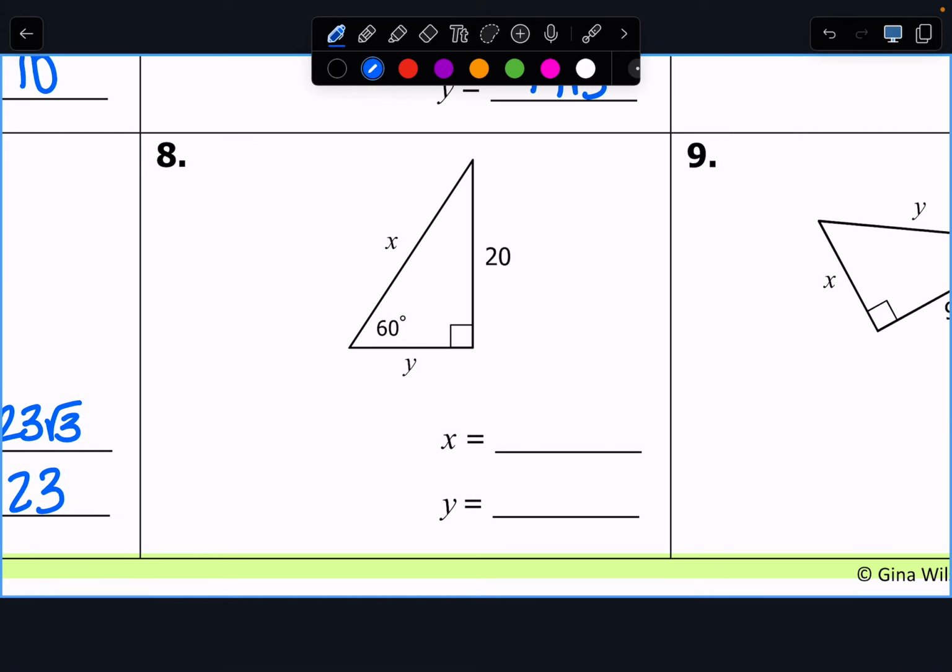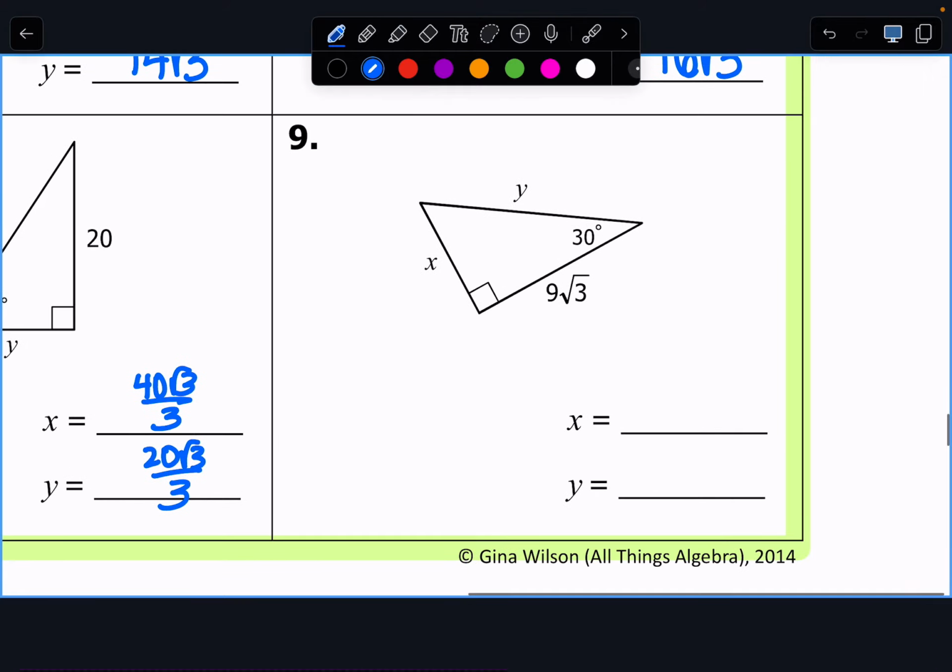Great. X is 40 radical 3 over 3, and Y is 20 radical 3 over 3. Is somebody disagreeing with that? Nope. All right, and then number 9. Josh, what'd you get? X equals 9 and Y equals 18. 18 sounds better. That was actually kind of a nice one, wasn't it? All right.